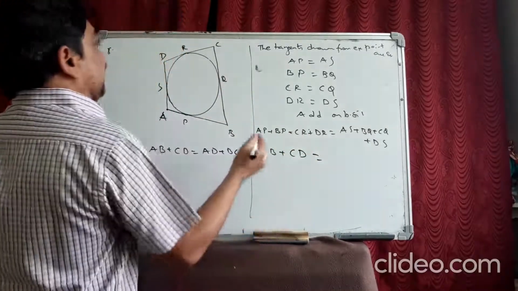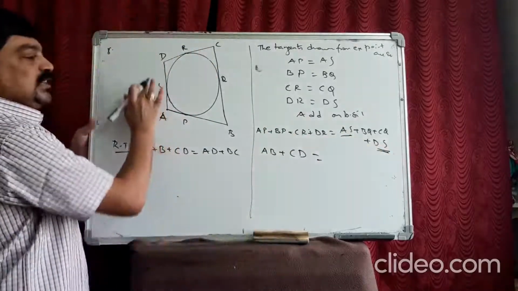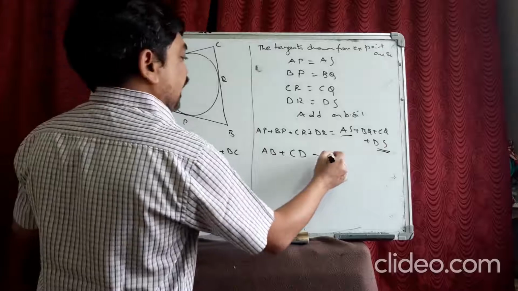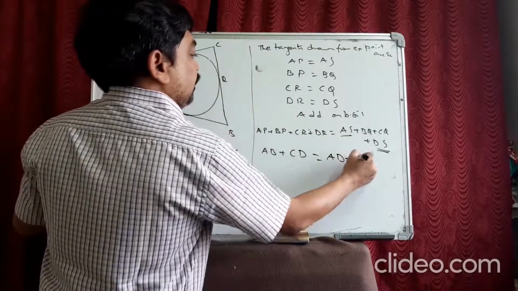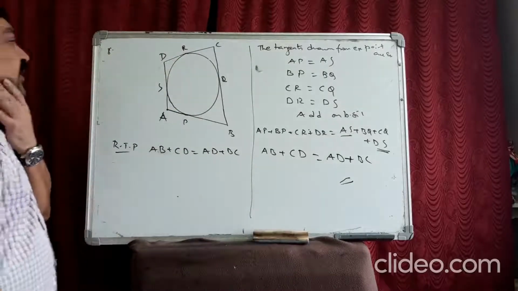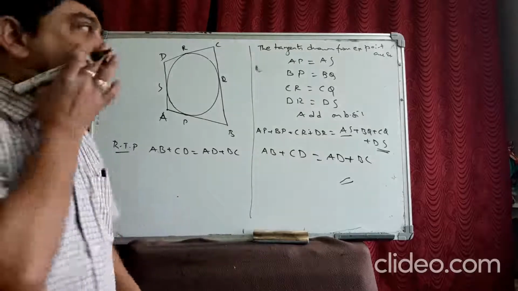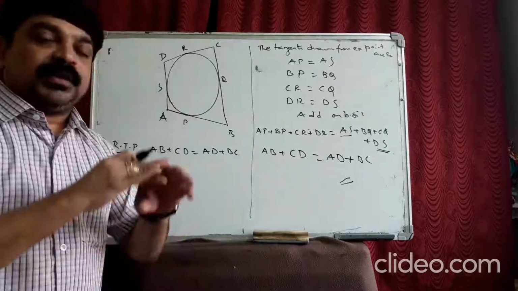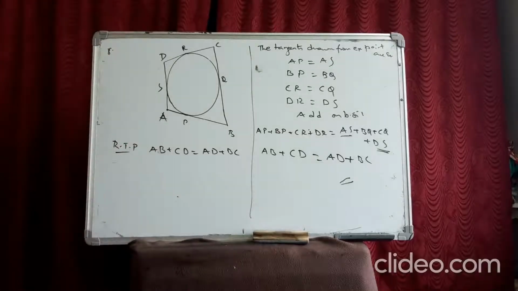And AS plus DS will be equal to AD. And BQ plus CQ becomes BC. That's it. Okay? Now, in the 11th question or 10th question, you'll be asked to prove that tangents are parallel, I mean, the rhombus becomes a square. In that also we apply the same. I'll do that when we get that.